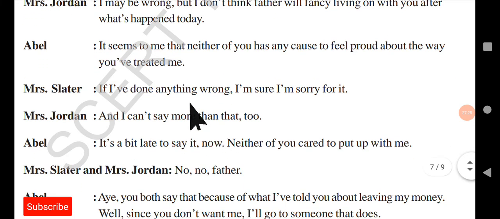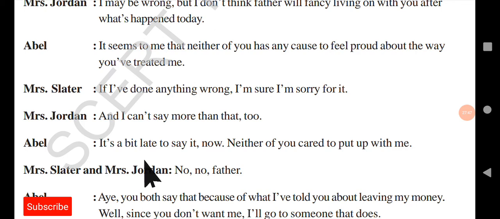Abel Meriwether comes in between: It seems to me that neither of you has any cause to feel proud about the way you have treated me. Mrs. Slaughter: If I have done anything wrong, I'm sorry for it. Jordan: And I can't say more than that too.